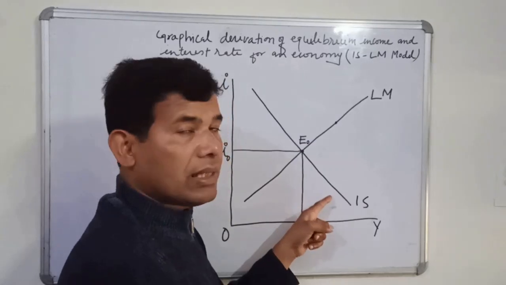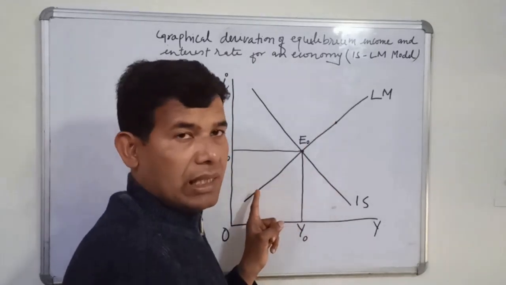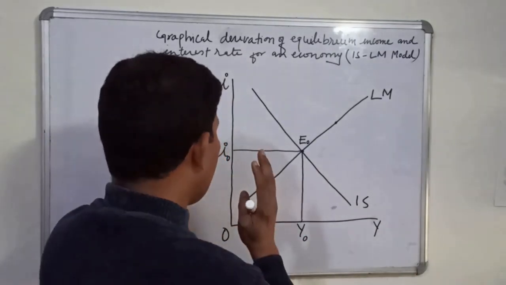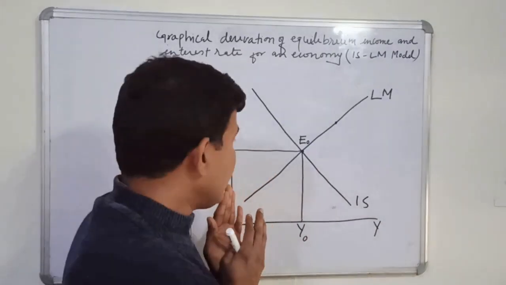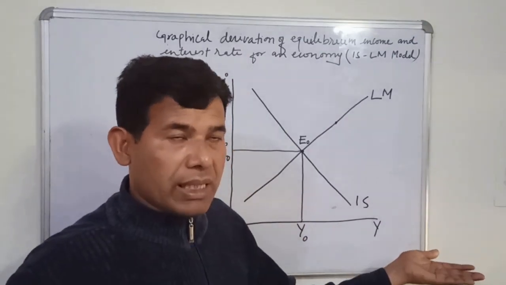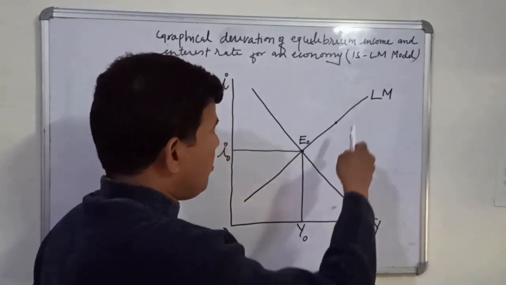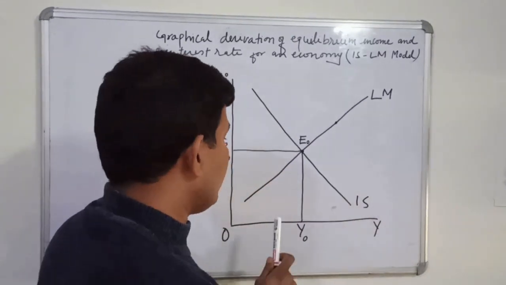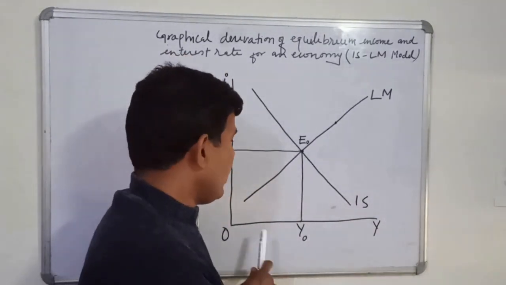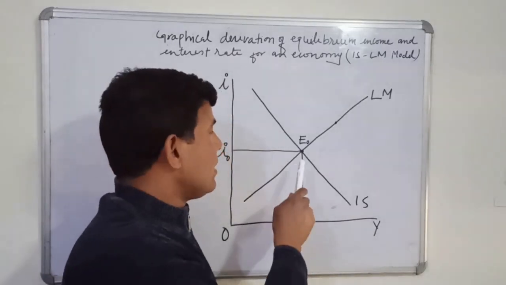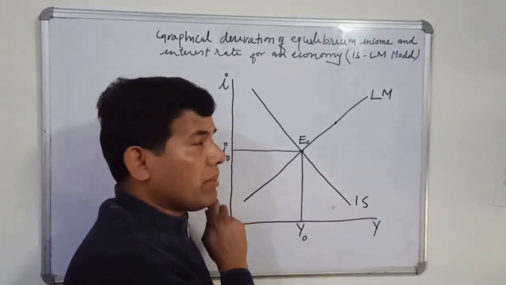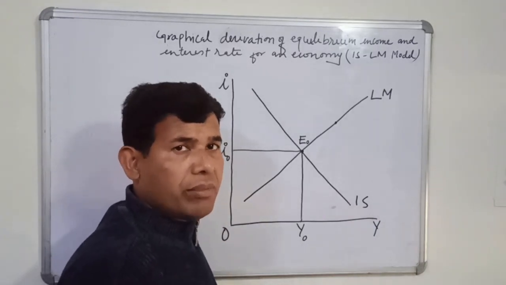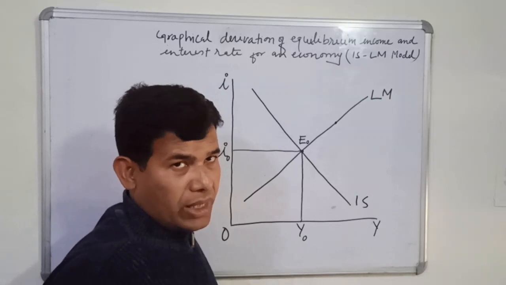So we derive the equilibrium level of income and equilibrium level of interest rate at which the overall economy is in equilibrium, by plotting together the LM curve and IS curve. At this combination of income and interest rate, the money market is in equilibrium and the goods market is also in equilibrium.